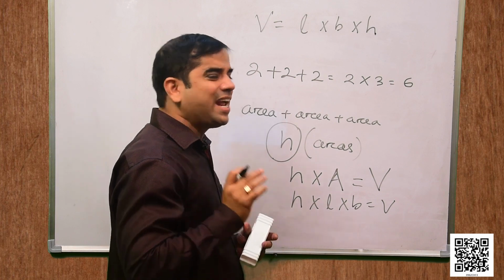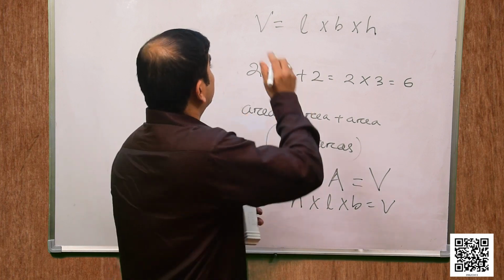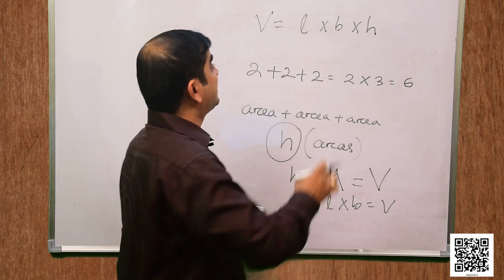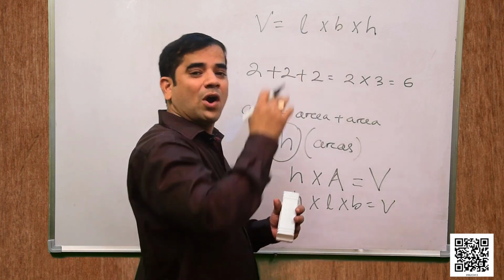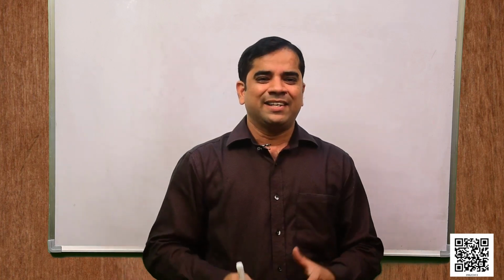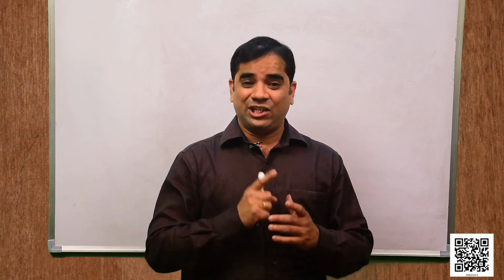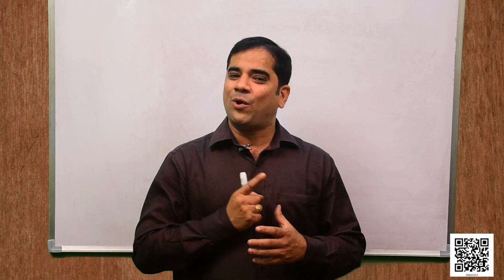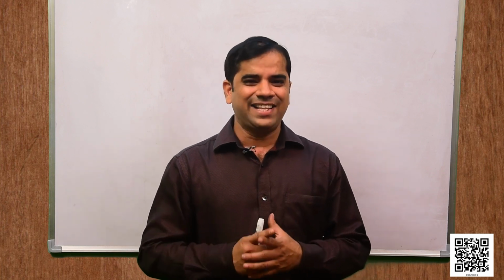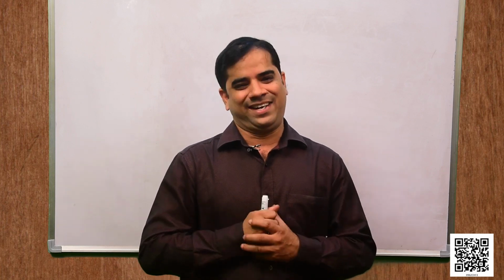Hope you have clearly understood why the volume of the cuboid is length into breadth into height. So, students, what we have found, the volume of a cuboid is equal to base area into height, or it is length into breadth into height.